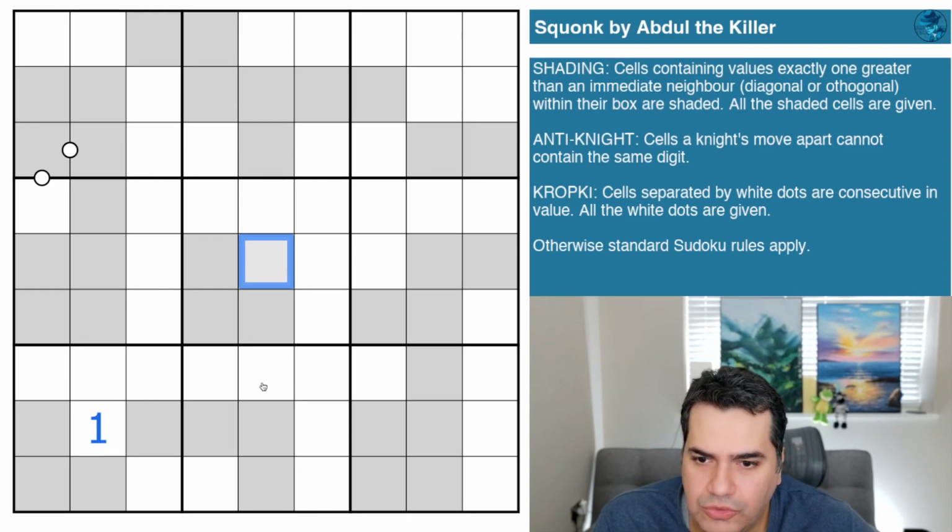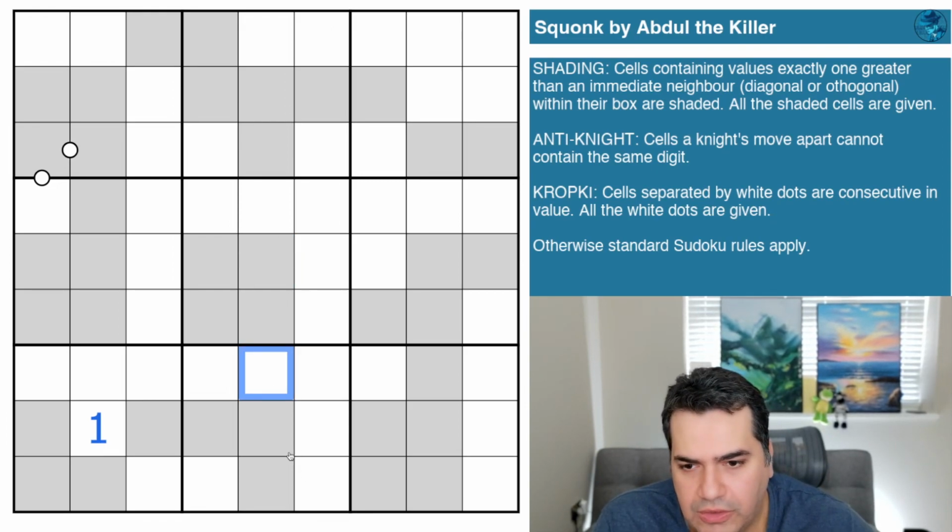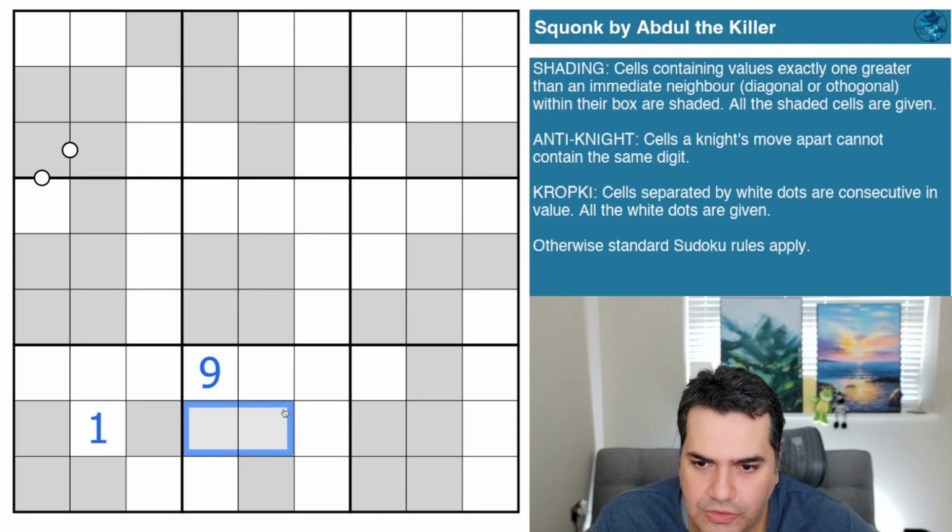Now, the same is not true if I try and place a 9, let's say in here. That's fine because as long as there isn't an 8 around here, you see, cells containing values exactly 1 greater than an immediate neighbor, diagonal or orthogonal within their box, are shaded.